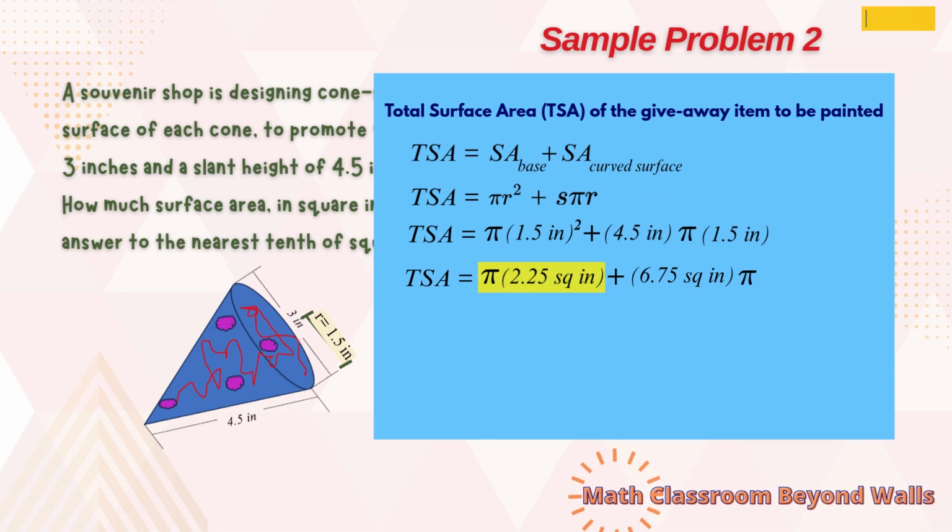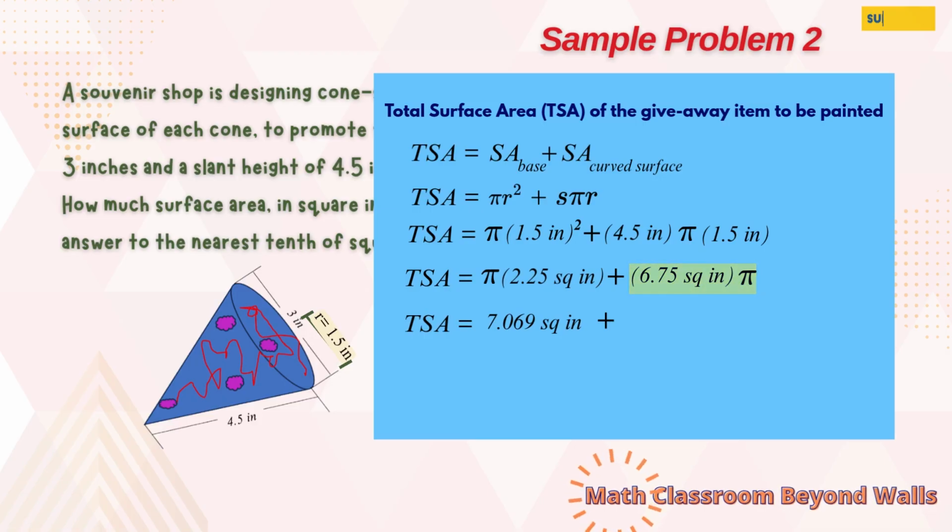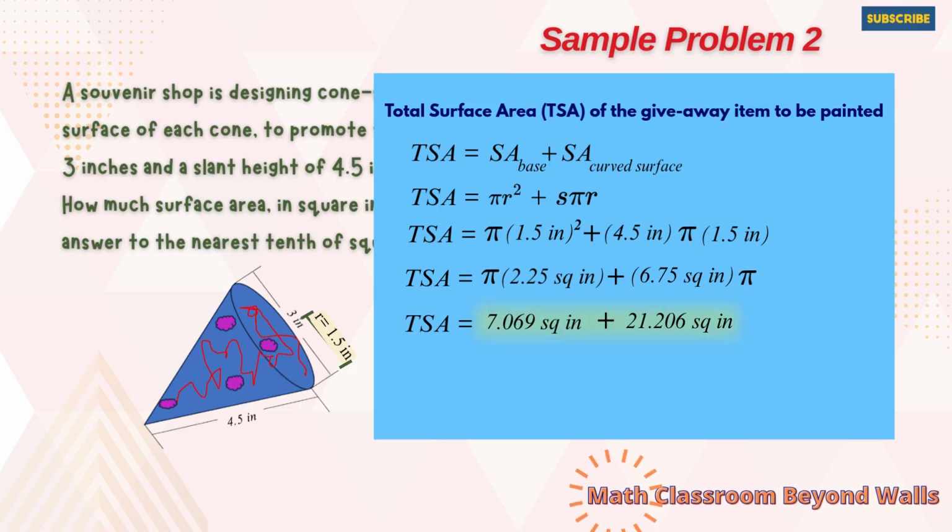Now, multiplying pi to 2.25 square inches gives us 7.069 square inches, while multiplying 6.75 square inches to pi gives us 21.206 square inches. Adding 7.069 square inches to 21.206 square inches gives us 28.274 square inches. Rounding to the nearest tenth gives us 28.3 square inches.